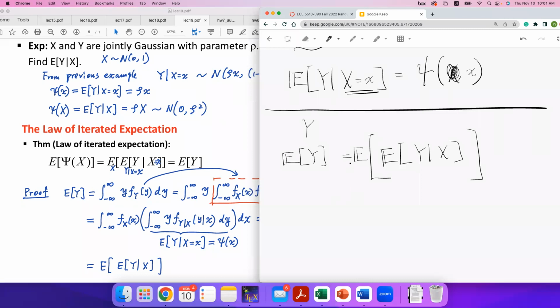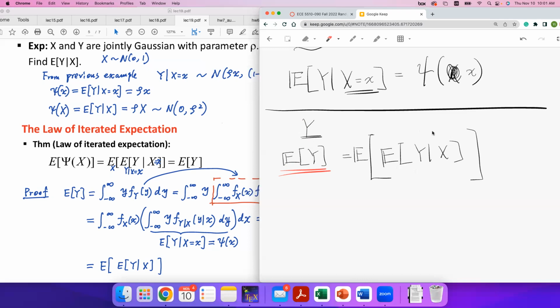Which we call the iterated expectation. Inside, we are looking at the expectation of y given x. And outside, we are taking expectation. Okay, this looks very confusing, so let's look at these terms one by one. This is very clear: we have random variable y, and we can compute this expectation given the PDF, for example.